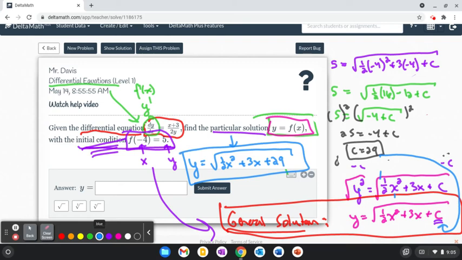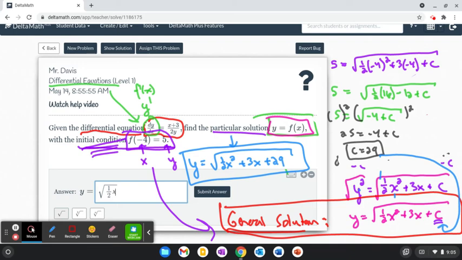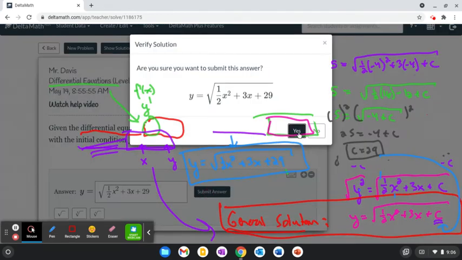That is our particular solution, which solves that differential equation. So square root 1/2 x squared plus 3x plus 29. All right.